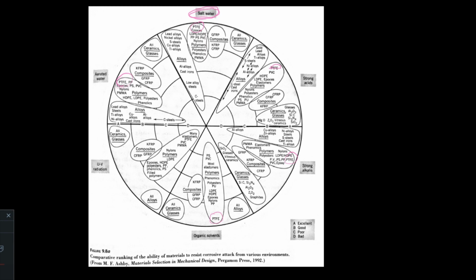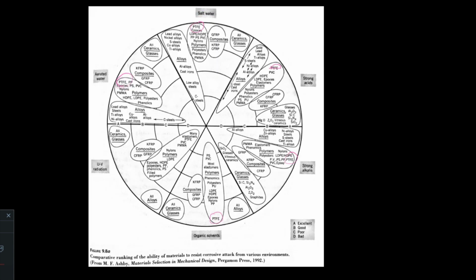And if we look at the cyclic stress and corrosion, we see what we saw earlier, and that is that the fatigue life is reduced considerably.